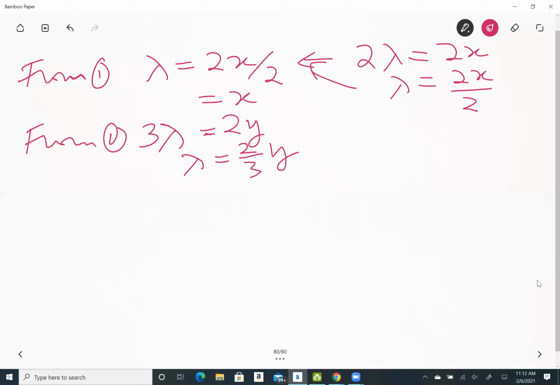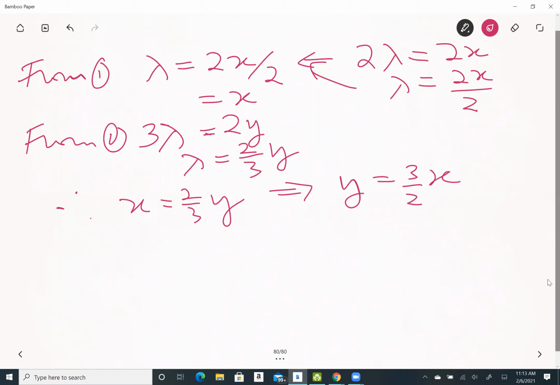So here you see lambda equal to x. Lambda equal to 2 over 3y. So therefore, x is equal to 2 over 3y. Or you can write y equal to 3 over 2x. Doesn't matter, you can do either way.